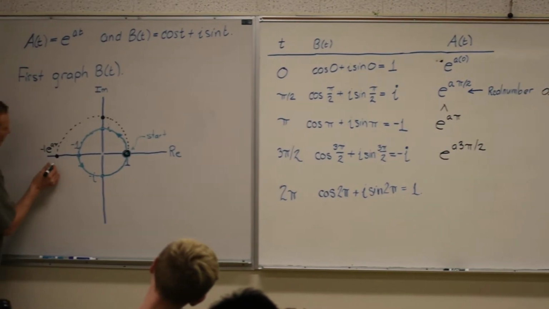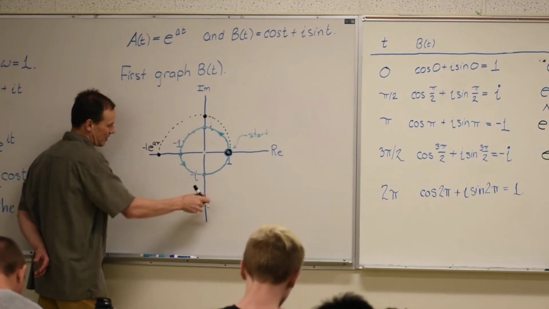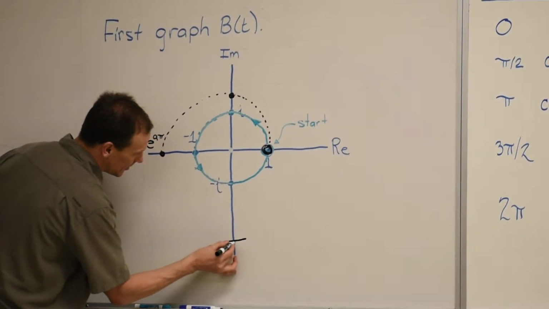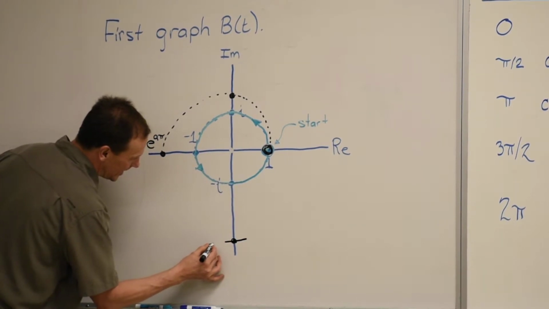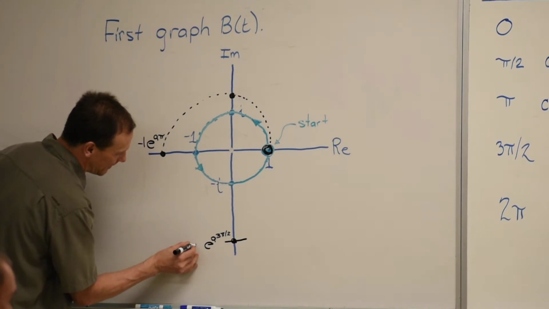Oh boy. If I'm that far out here, I've got to be further out than that. So I've got to be down like here. So over here, this is e to the a times 3 pi over 2 times minus i.